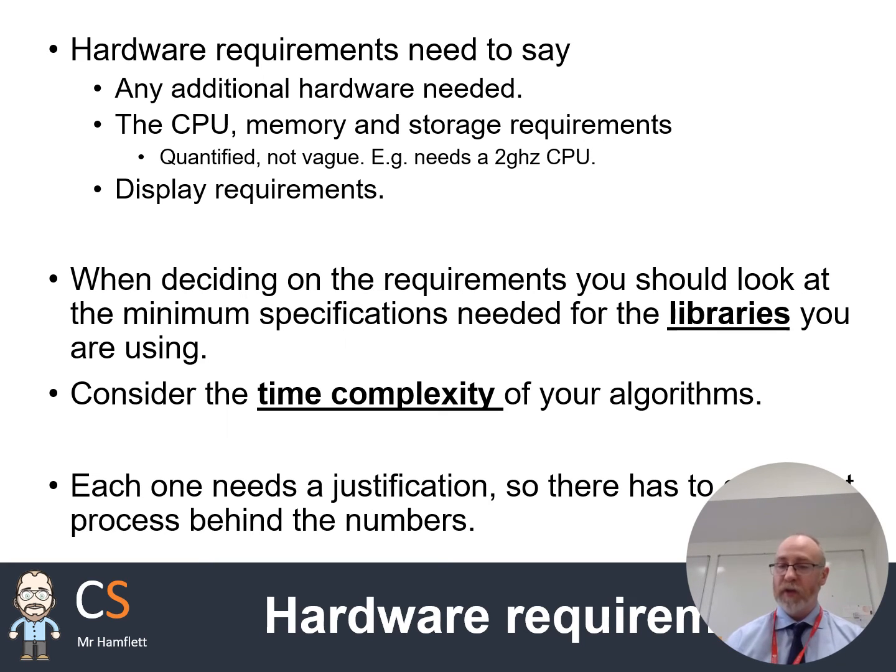So just to summarize on that one, if in doubt, use the specs of a Raspberry Pi, and your justification simply becomes: my app will run on a Raspberry Pi, therefore these are the specs I'm going to go for. If, on the other hand, you have anything specific that is going to require a meatier processor or graphics card or whatever, then you can give a justification for why, and you would have a reason why, wouldn't you?